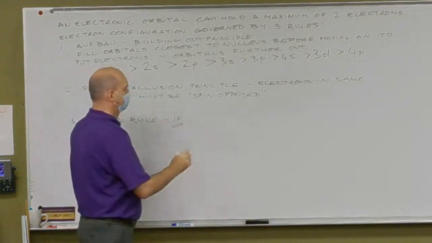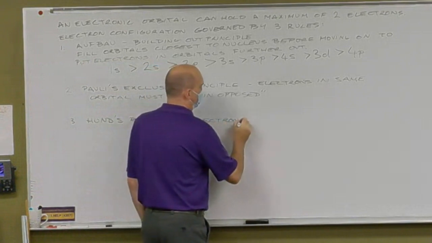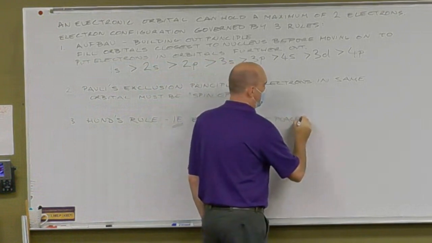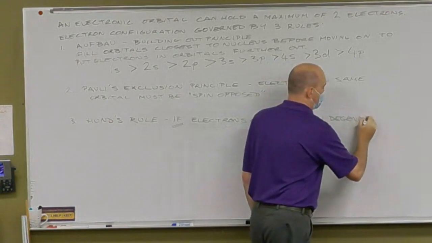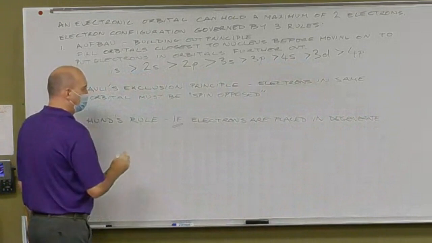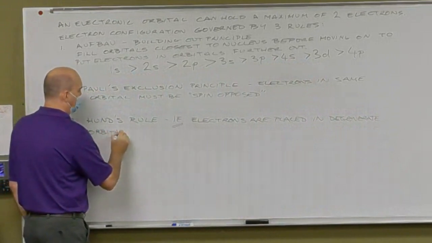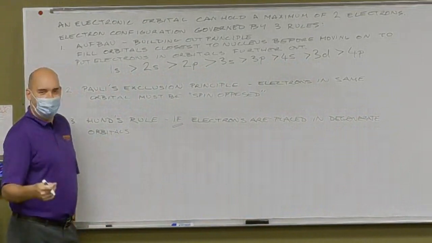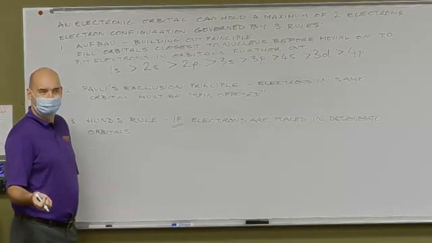If electrons are placed in degenerate orbitals, okay, so we started this with an if, and then we used a word that none of us know the meaning for.